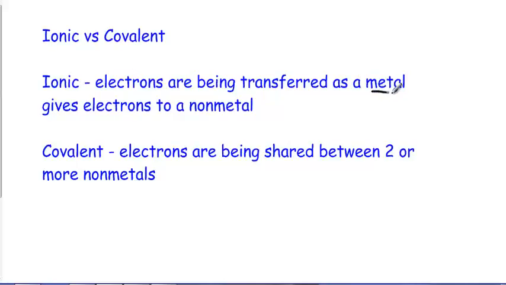And when you do an ionic, don't forget also that we're doing dot to empty spot. So we're using an arrow because we're showing transferring. When you do covalent, don't forget it's sharing. It's only nonmetals, and you're going to go from dot to dot. So you'll have a line.